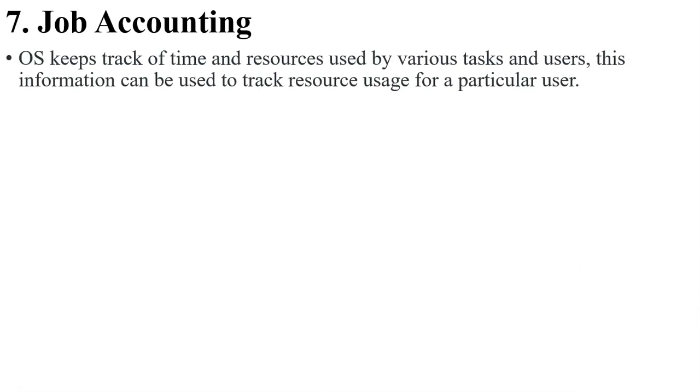The last one is job accounting. In job accounting, as we have discussed earlier, the OS keeps track of all the times and resources used by various tasks and users. And this information can be used to track resource usage for a particular user. So accounting is a term related to commerce. So it is simply keeping account of all the users.